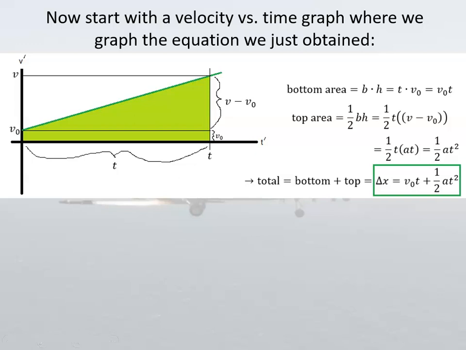So constant acceleration can result in a large change in position when aggregated over a large period of time. So adding these up to give you the total area for some initial velocity, delta x, the displacement that is, well, bottom rectangle plus top triangle, v naught times t plus 1/2 at squared. That's what our displacement is.